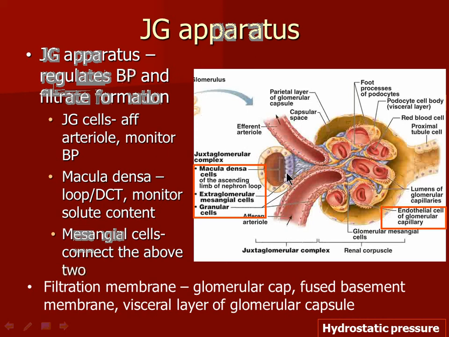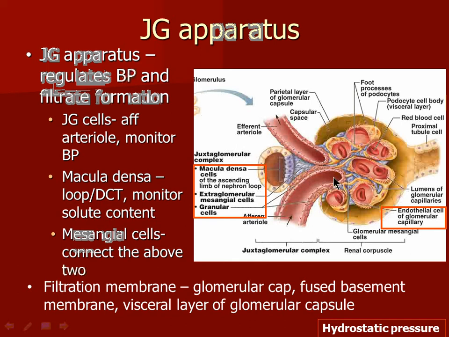And then in between this macula densa and the afferent arteriole, you have these special cells called mesangial cells or extraglomerular mesangial cells, which form a connection between the two. It allows the macula densa and the JG cells to communicate with each other. Okay?